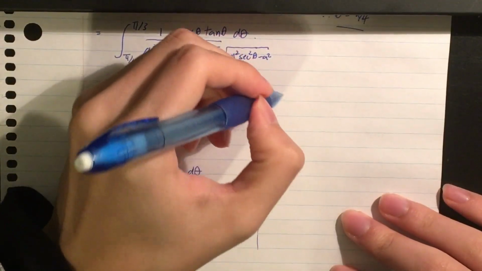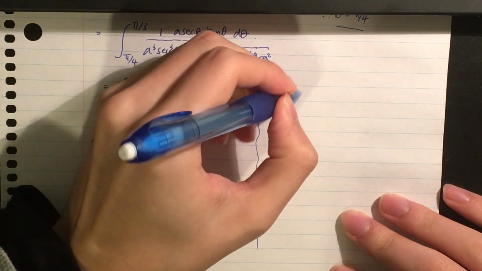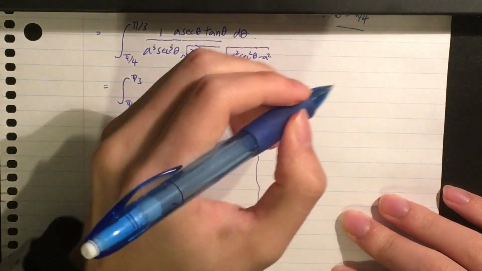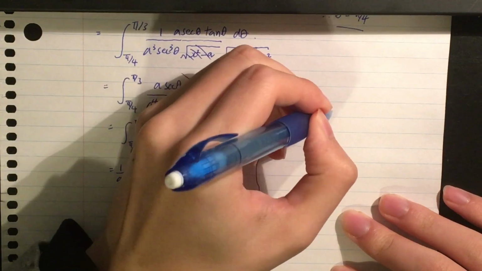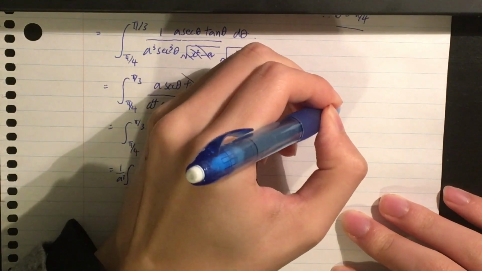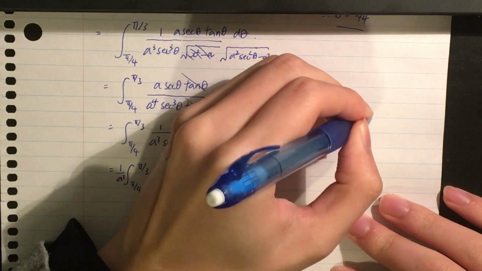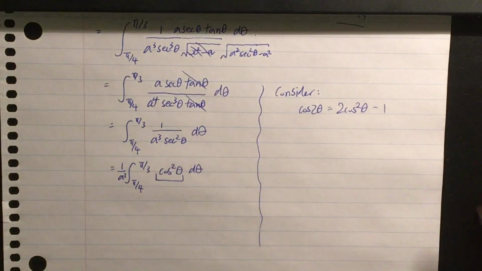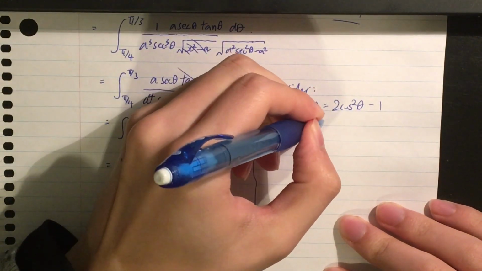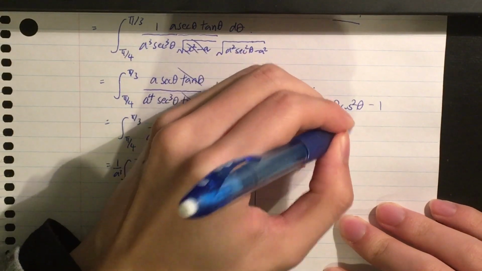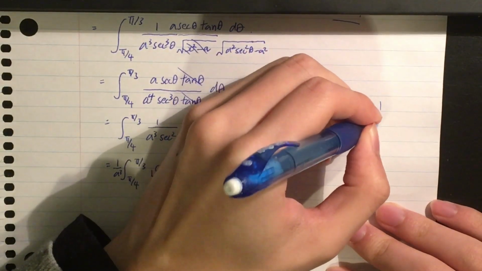Okay, consider cosine of 2 theta. Well, we can isolate cosine squared theta. So therefore, you see that cosine squared theta equals one half plus one half cosine 2 theta.